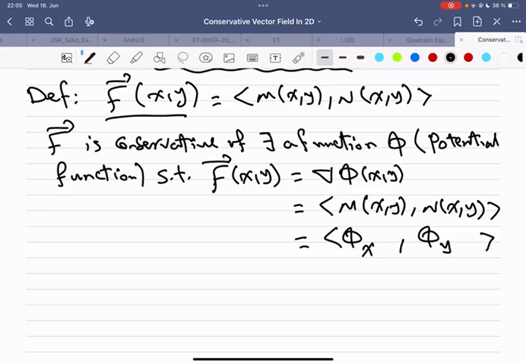So from here M will be phi x and N will be phi y.